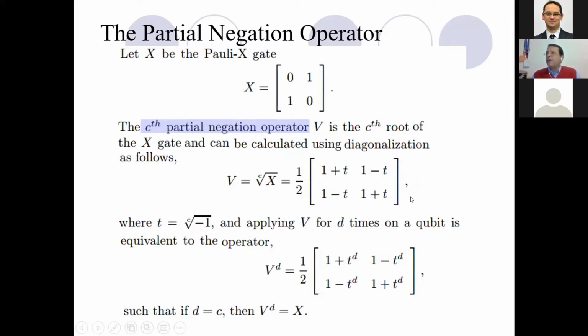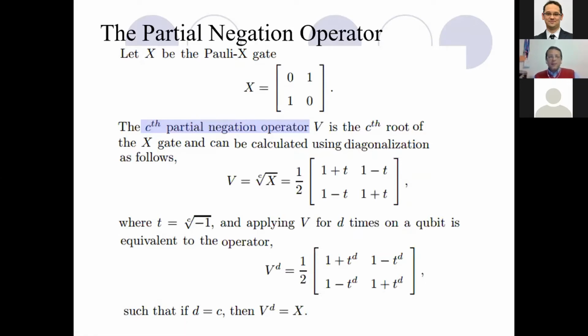If we take the C-th root of this gate, it will take this form, where t here is the square root of -1, but to the power of c, not the usual square as we used to do. Applying this gate c times is equivalent to the NOT gate.